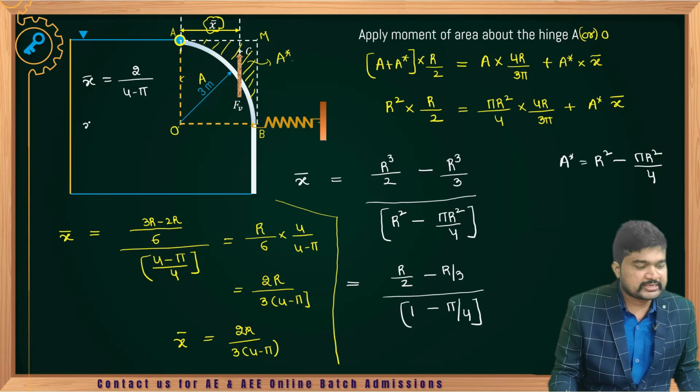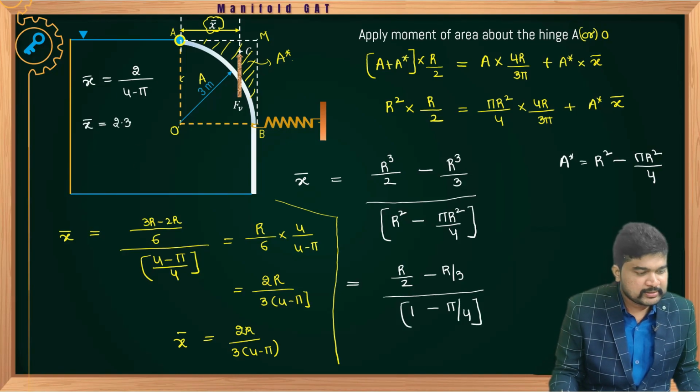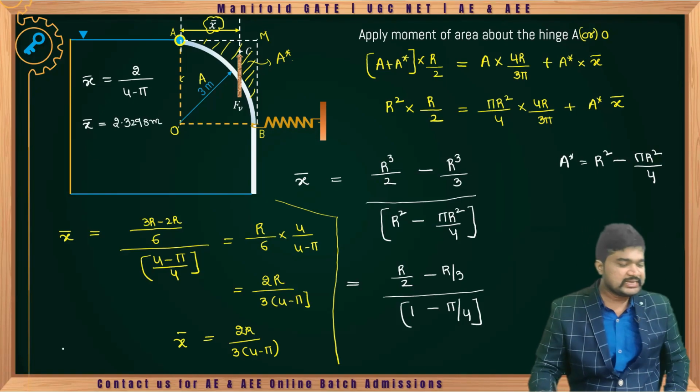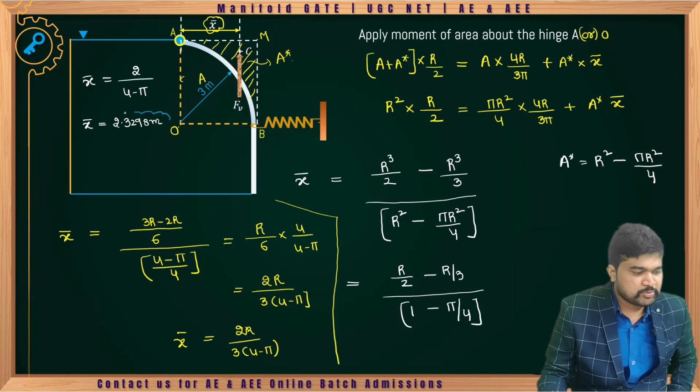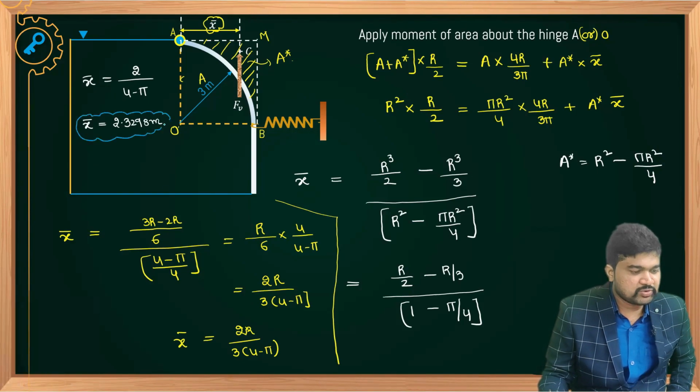So X bar equals 2.3298 meter. That is X bar. It is a very important discussion. X bar you are getting.